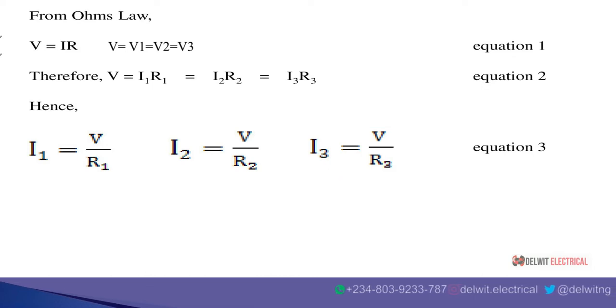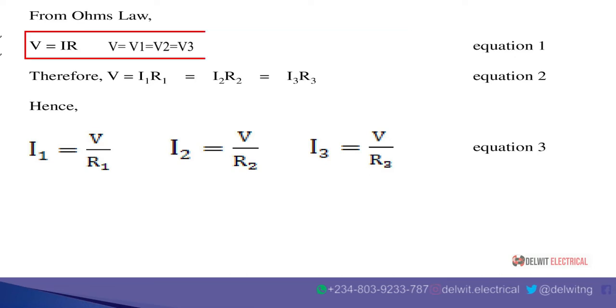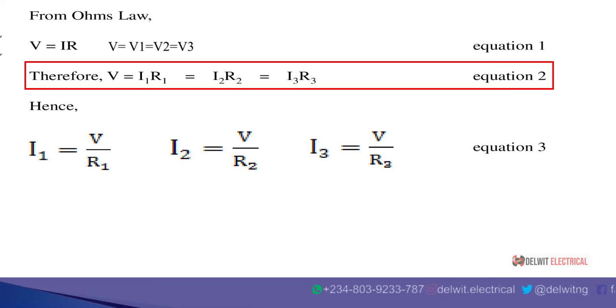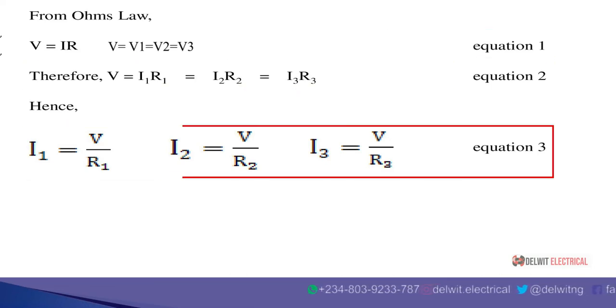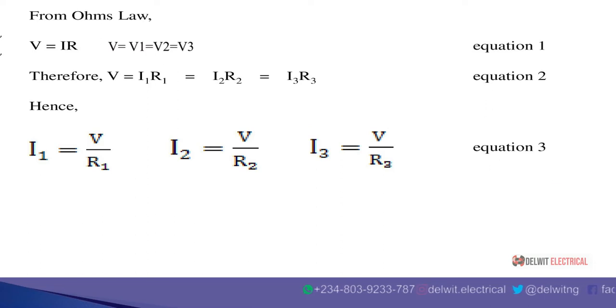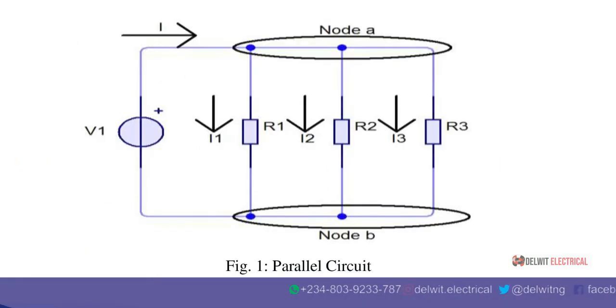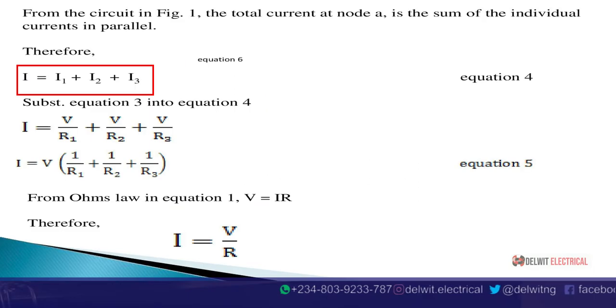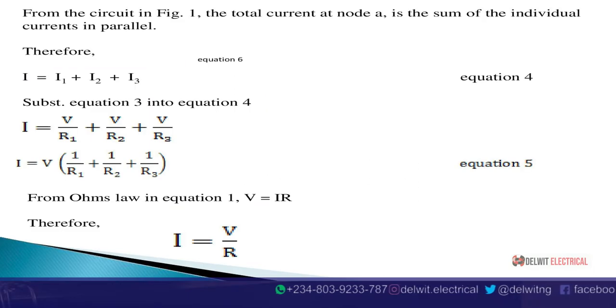This is quite easy because we have concluded that different currents flow through different branches, while the same voltage is across the node. So our equation 1, equation 2, and equation 3 are what we are going to use to form our equivalent circuit subsequently. Now, what is the total current in the circuit? From the circuit diagram, our I is the summation of I1 plus I2 plus I3.